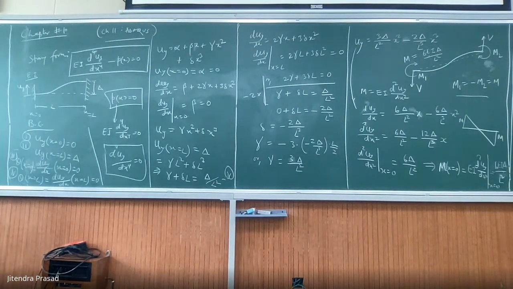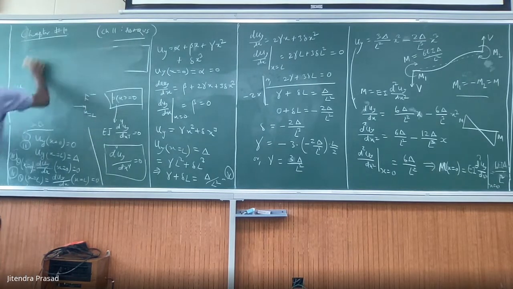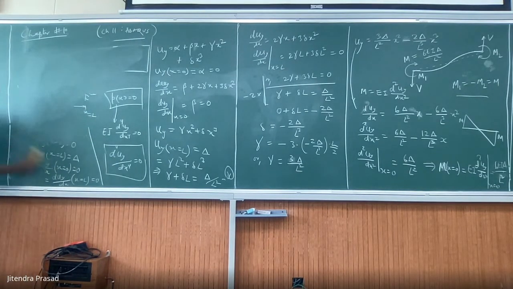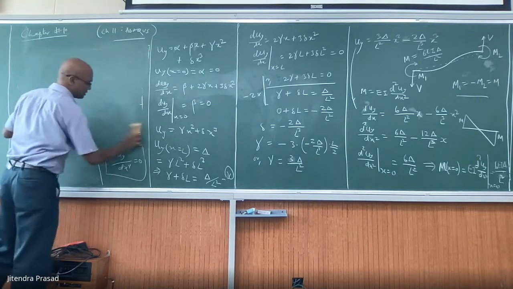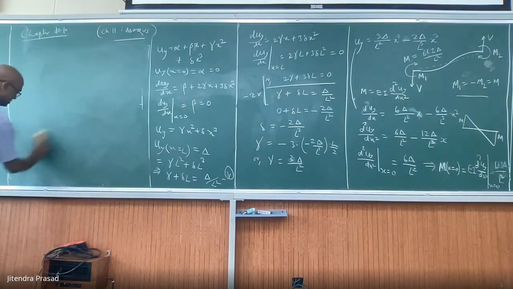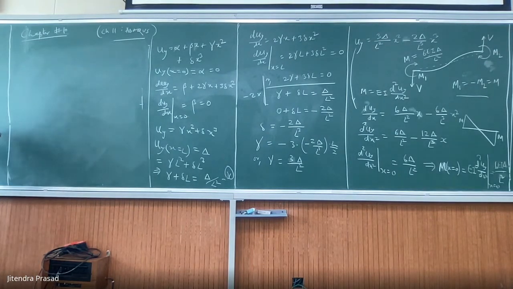And what is the equation? V is equal to minus dm over dx.